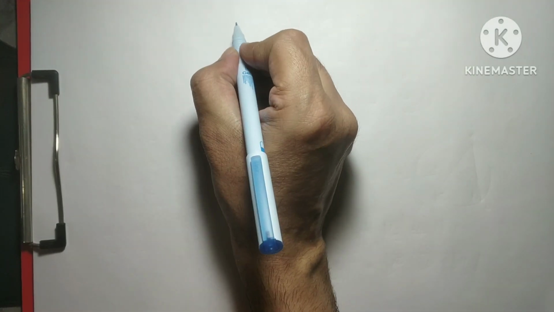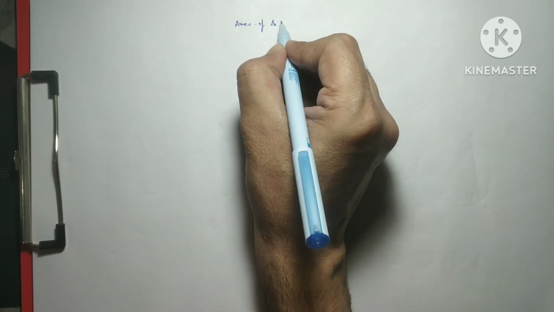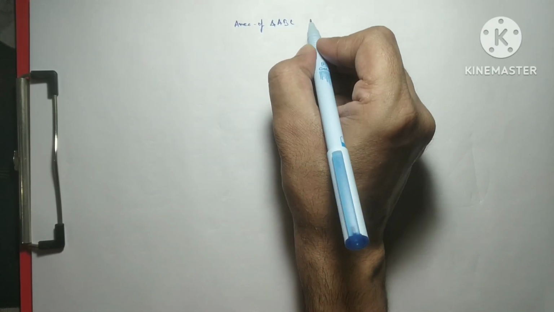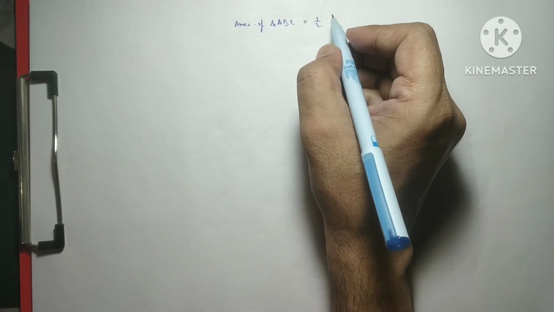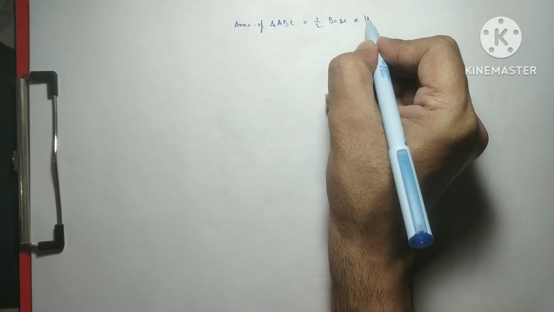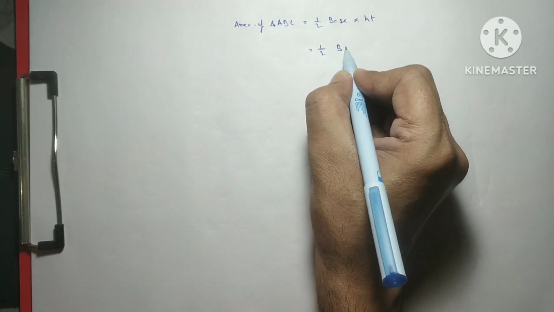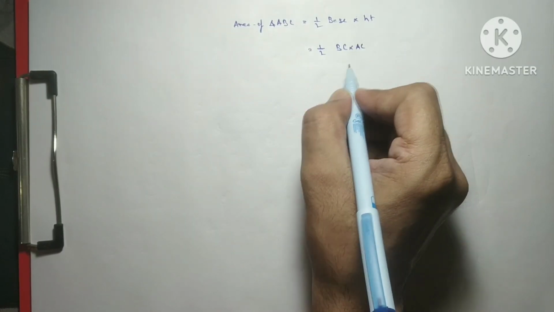Now the area of triangle ABC will be half base, base is BC and height is AC. So it is half BC into AC.